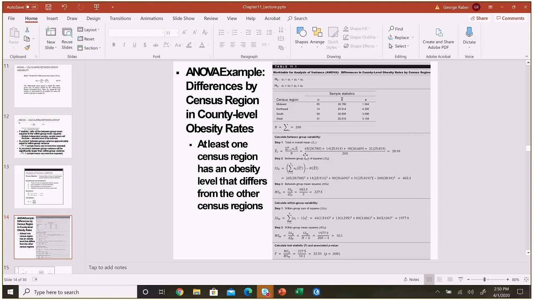Basically, what they're doing here is taking each of the n, the number of observations, x bar, the average, and s, the standard deviation. Okay. So those are all the statistics that you need to calculate. You don't actually need the raw values to calculate an ANOVA. You just need these 3 values.